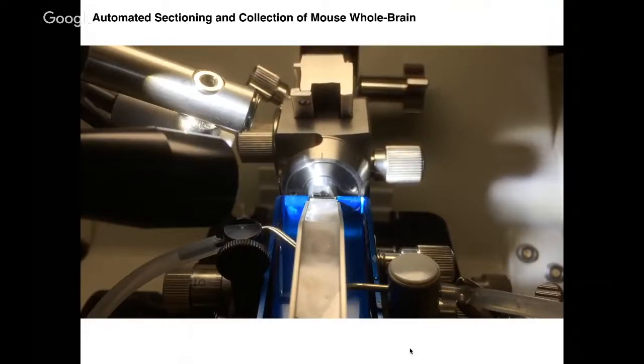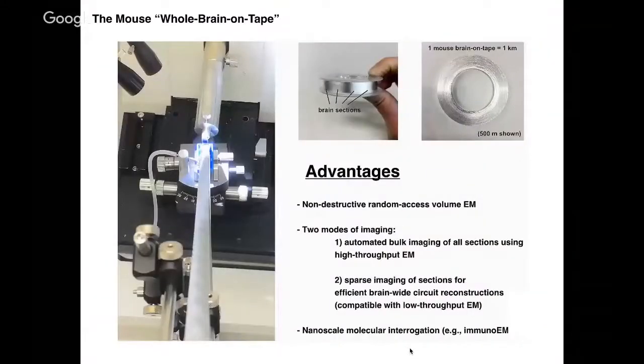And let's see. So why do we want a brain on tape in the first place? I've tried to explain the main advantages here. Before I get to the advantages, the image on the left-hand side is just a custom tape collecting machine that I built using aluminum foil as the tape substrate.